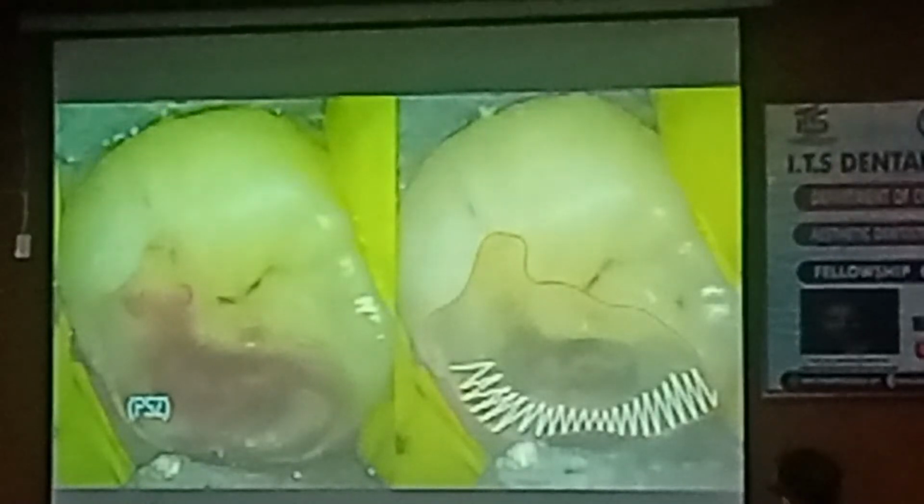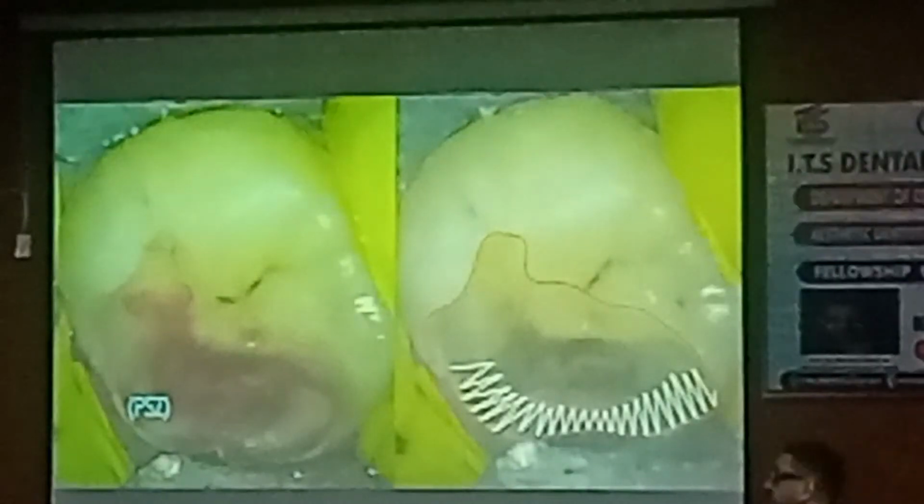Now, coming to bonding, I said I will show you how to air abrade. So this is what is called air abrasion. We don't etch. You take the air abrasion and run it for 10 seconds on the tooth surface.